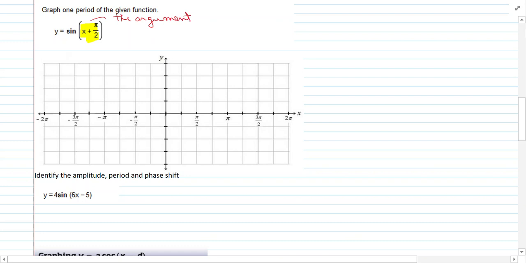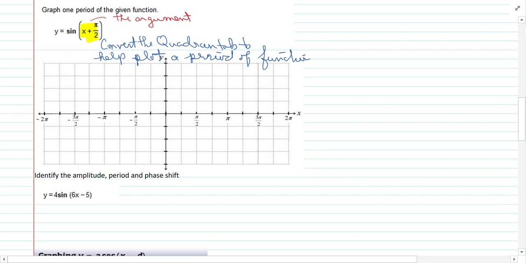So in our argument, we're going to convert the quadrantals to help plot a period of this function.